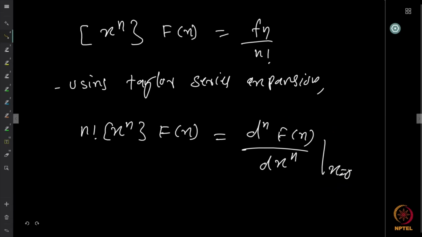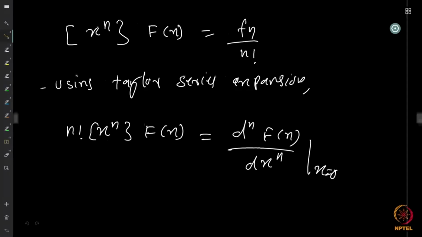Or if you want, you can say Maclaurin series, doesn't matter. So the expansion evaluated at x equal to 0 is going to give you fn.